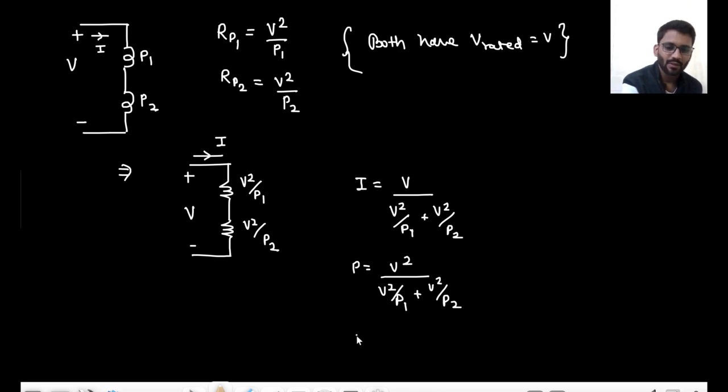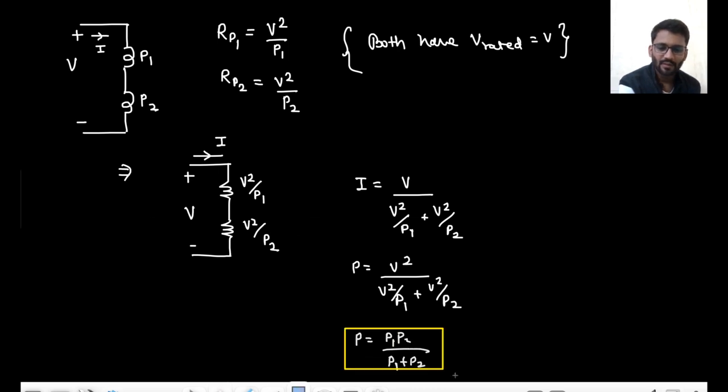If you solve this, what is the power you get? P1 P2 upon P1 plus P2. Okay, so this is the power delivered by the mains.